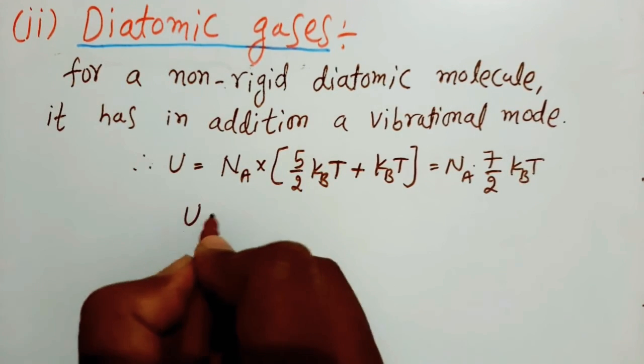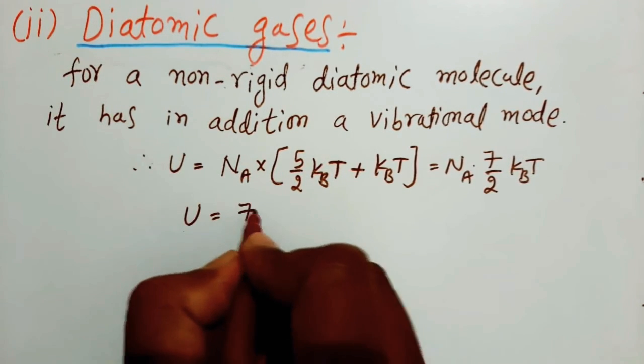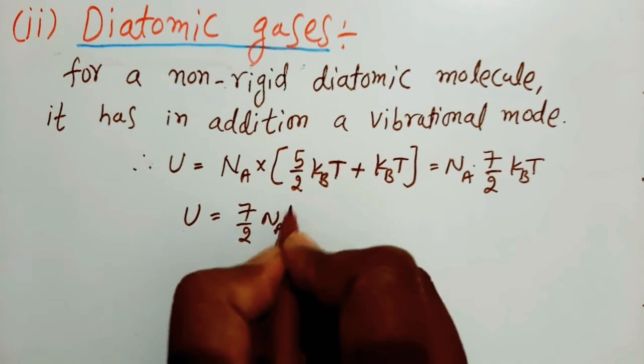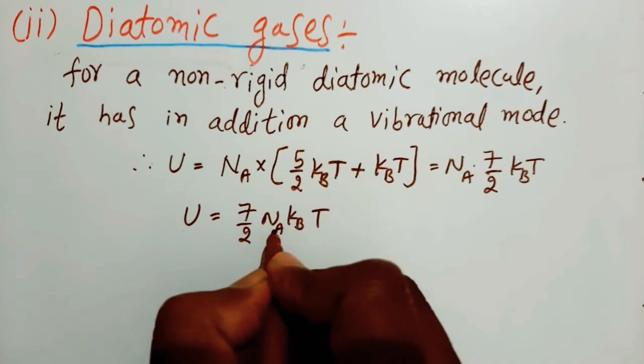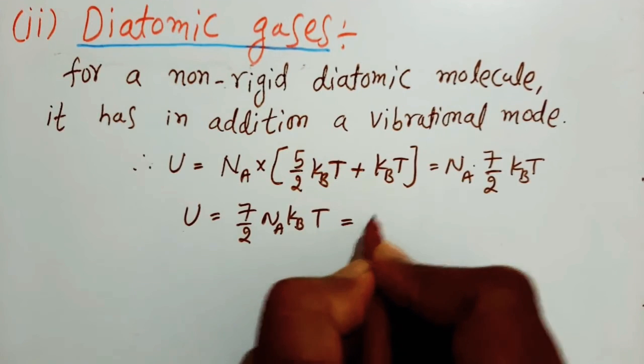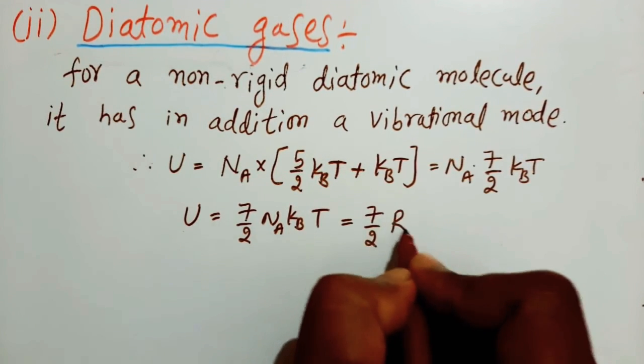So here U can be written as 7 by 2 Na kBT into T. So here Na kB is R, that is 7 by 2 RT.